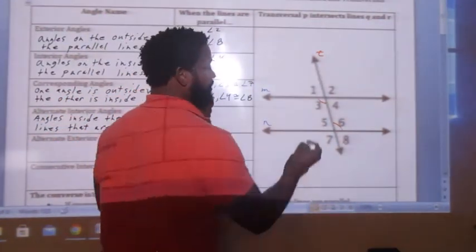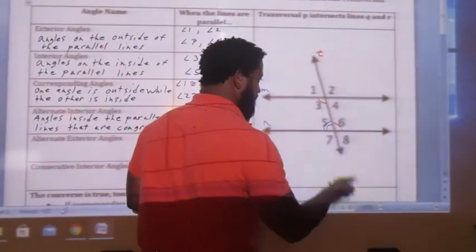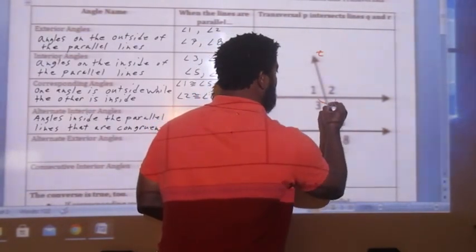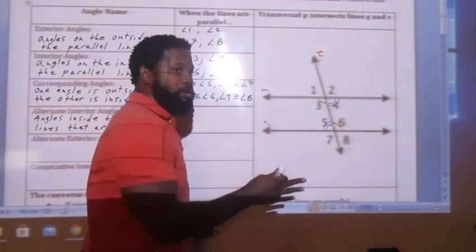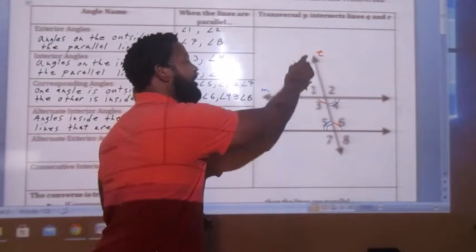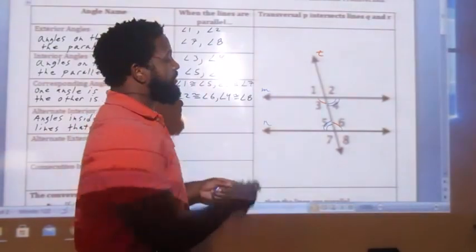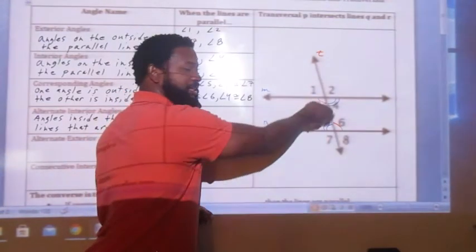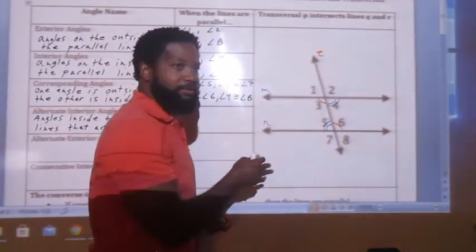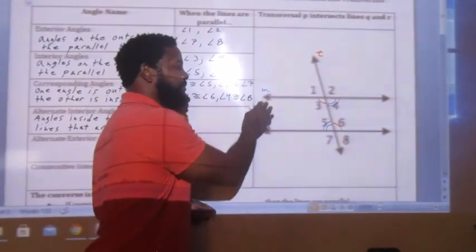These are rules. So long as you have two parallel lines being cut by a transversal, okay? If the lines aren't parallel, then these aren't going to be congruent with each other, okay? The lines have to be parallel with each other.